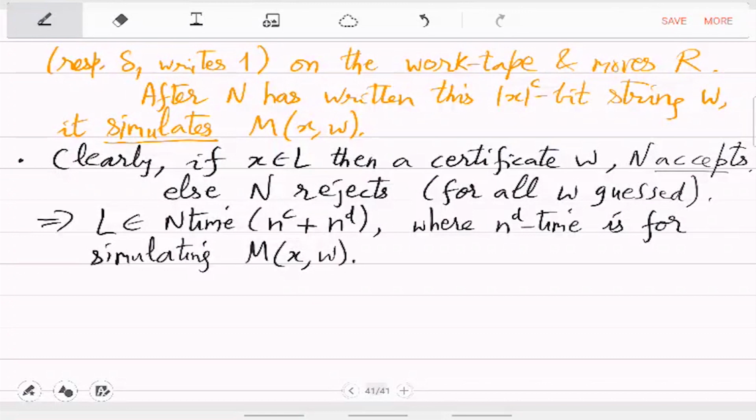So, that finishes the part that NP is contained in the union of NTIME n to the c.